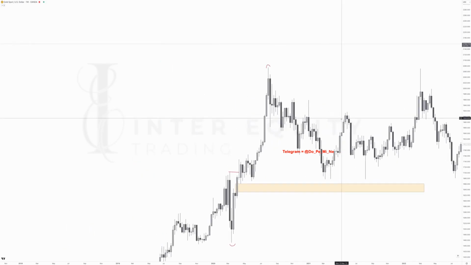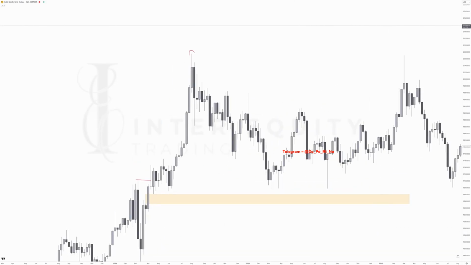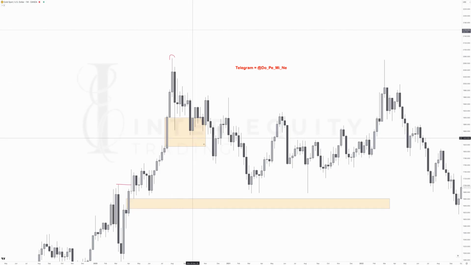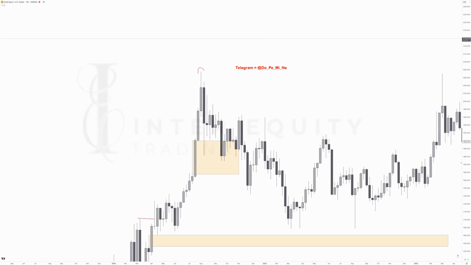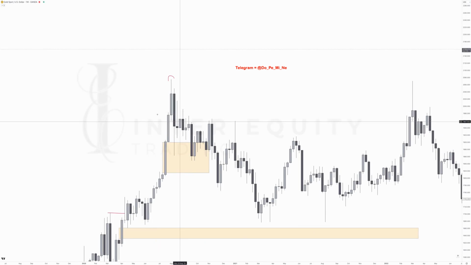All right, also looking over here, the market also created this imbalance where price filled this entire thing. Obviously, price was delivering lower prices over here, right? As you can see, it started building its own structure, moving down, BOS, pulled back, another break of structure, right?